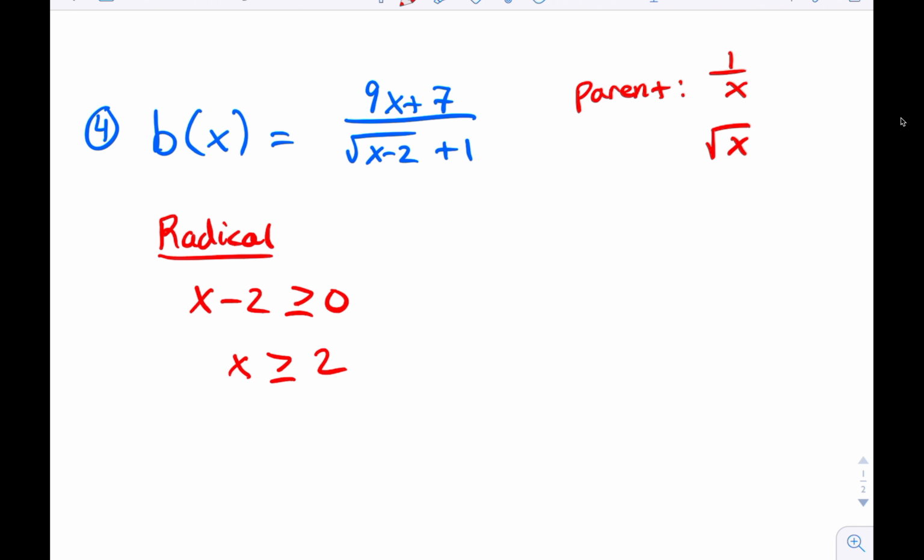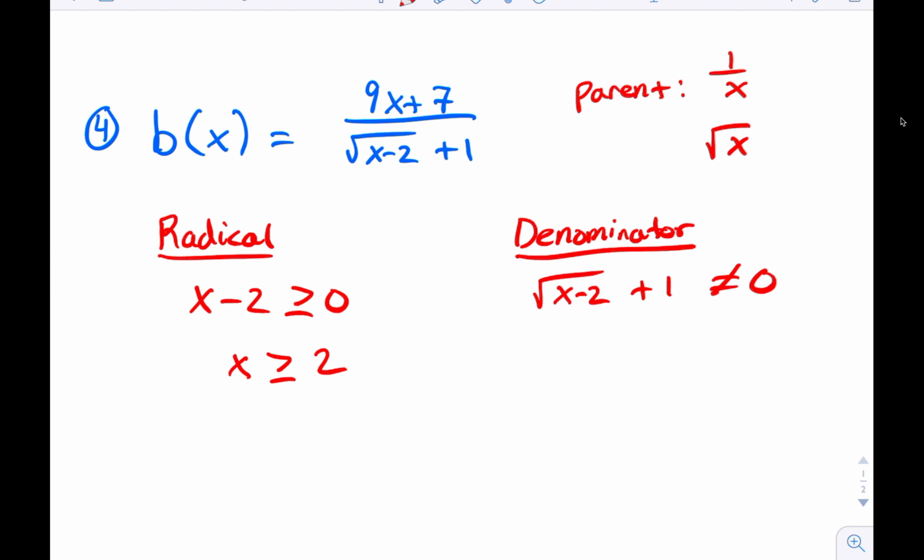Then from the denominator, we want to take the entire denominator and make sure that it doesn't come out to be 0. So I have the square root of x minus 2 plus 1 cannot equal 0. Whenever you're doing a rational function, you take the entire denominator, not just the square root part. We want to figure out what value of x is going to make that happen, so I'm going to subtract the 1 over.